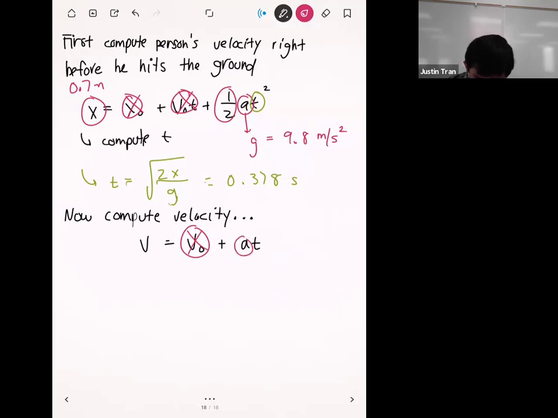For A, we're going to plug in the acceleration due to gravity, g. And then for T, we just solve for it right there. If we plug all those in, then what we get is a velocity of 3.7 meters per second. And so right before he hits the ground, he's moving at a vertical velocity of 3.7 meters per second.